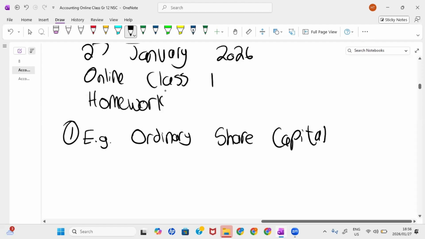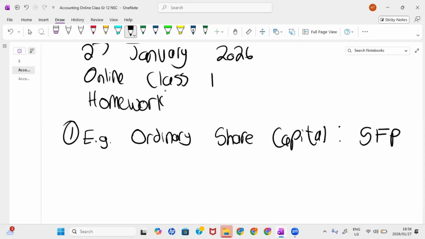And then SFP, showing that it goes to the statement of financial position. Does that make sense? Is that clear, guys? Is that clear? Yes. Okay.